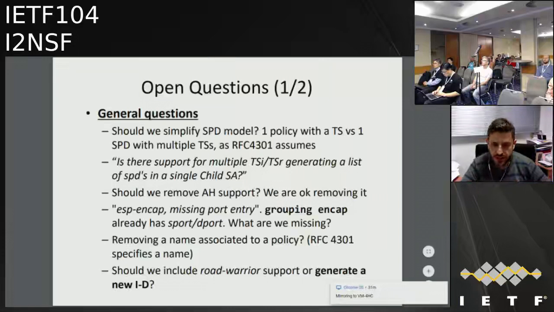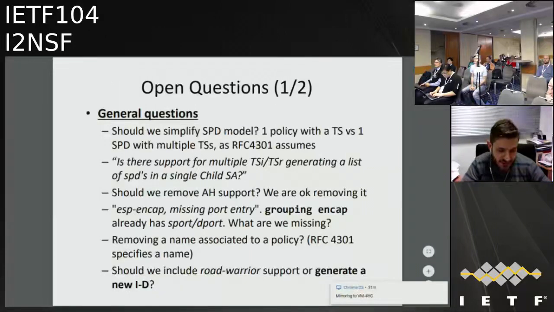The reason is that our assumption is this child SA should have a traffic selector wider than the policies associated with that single child SA. And our doubt is whether that is allowed in the standards. So far it's not supported, but if it's okay to add it, we can do it. Another question: should we remove AH?